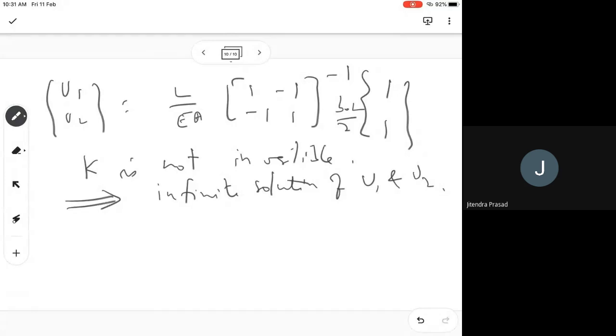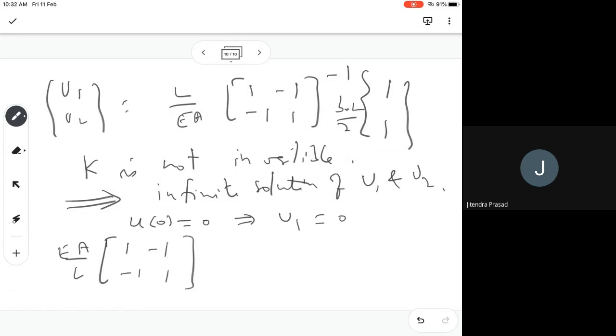But you know that in that problem, U0 is equal to 0. That really means U1 equal to 0, right? So now you can put that value. So here the initial equation, E over L, [1 -1; -1 1], and then you have 0, then U2, is equal to B naught L over 2, [1 1].